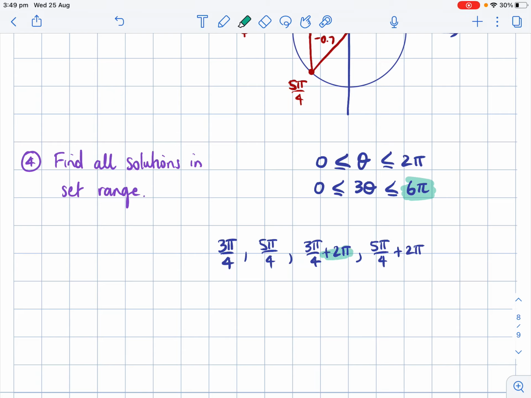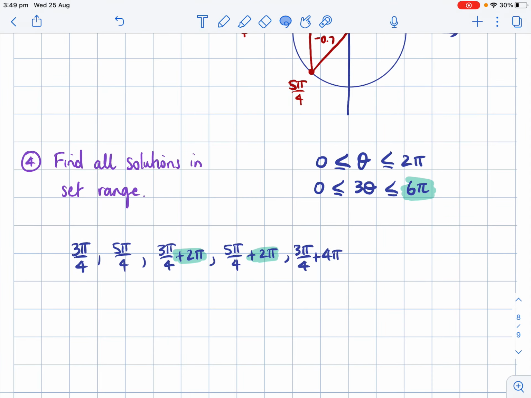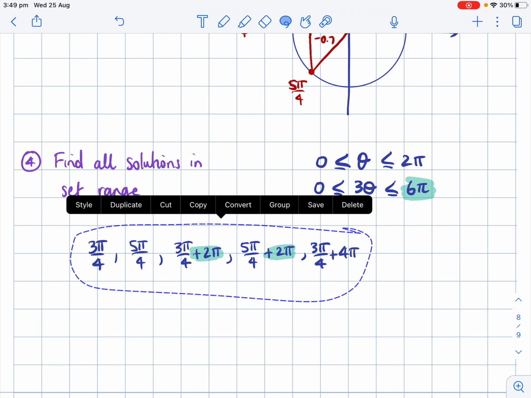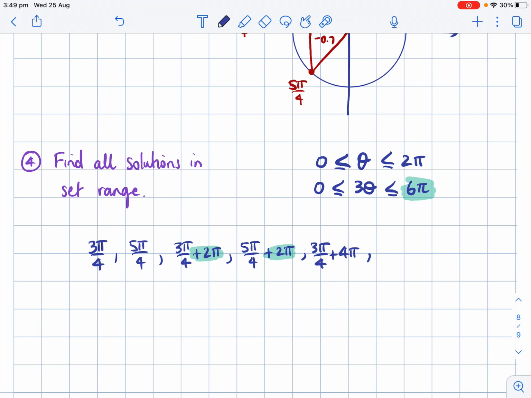If I add 2 pi, I'm on my second lap. If I add 4 pi, I'm now on my third lap. So my next one will be 5 pi on 4 plus 4 pi.